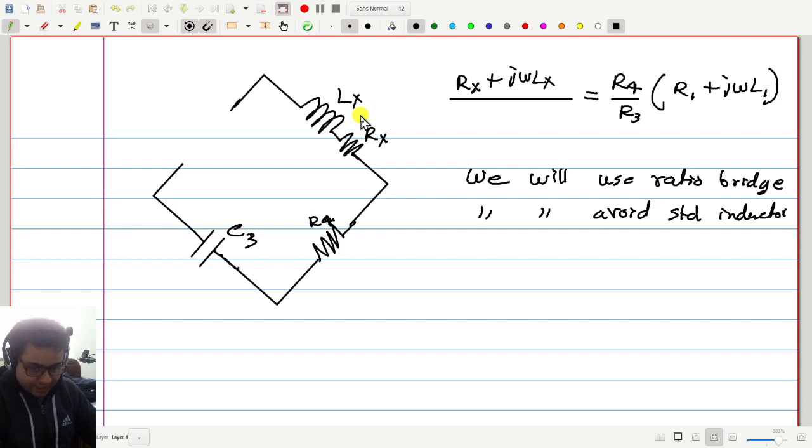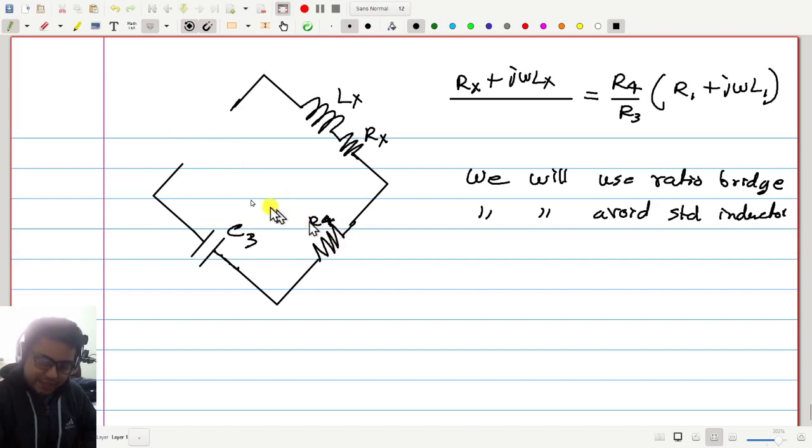Negative. It can also be positive. Now here, if I take a capacitor, then this will definitely be negative.